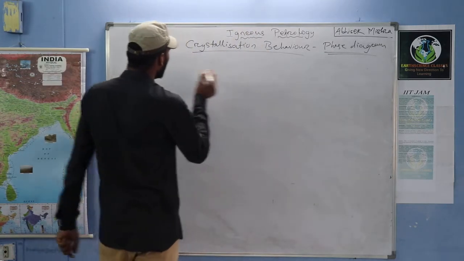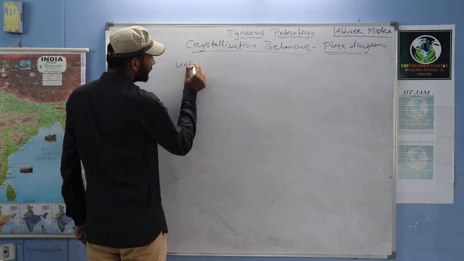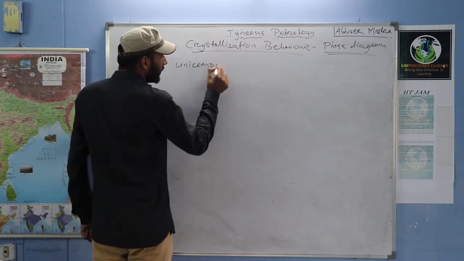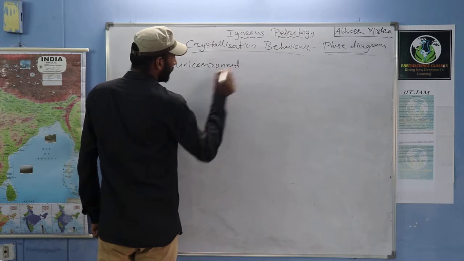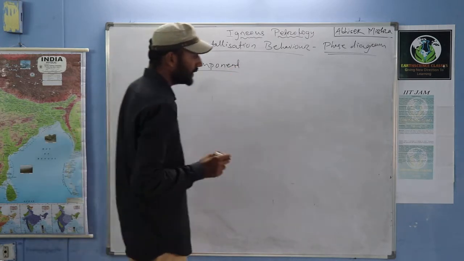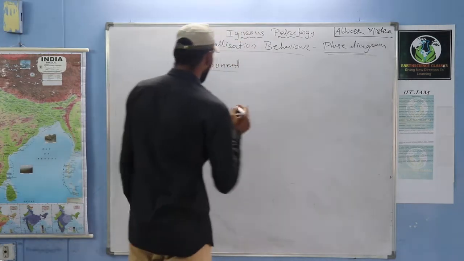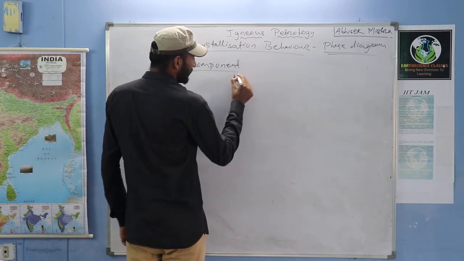So I'll give some examples of unicomponent so that you can better understand. For unicomponent, the best example is H2O.